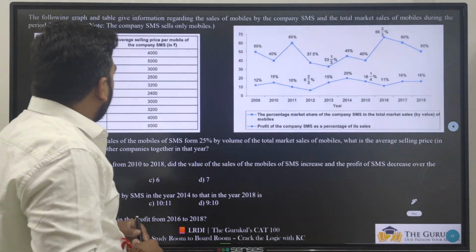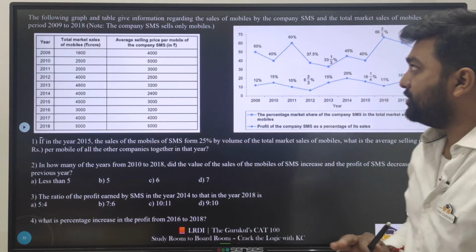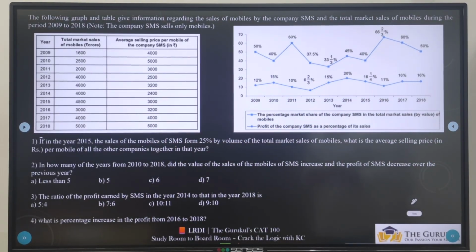The following graph and table give information regarding the sales of a mobile company SMS and the total market sales of the mobiles during the period 2009 to 18. Note, the company SMS sells only mobiles. So we have a table, we have years, we have average selling price per mobile of the company SMS, and we have a line graph in that there are two lines.